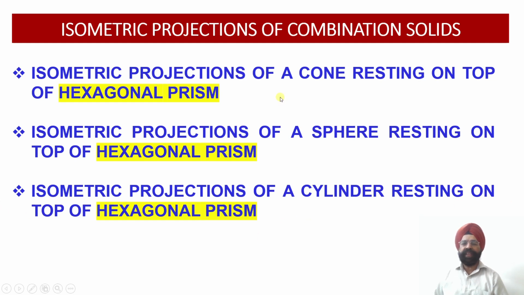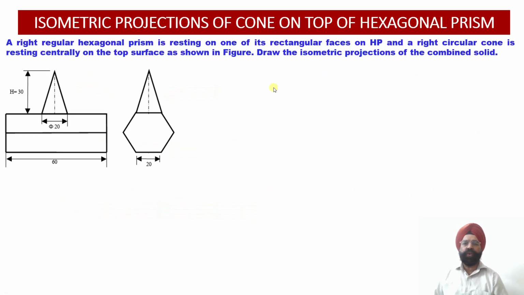So let us start with case number 1, that is the isometric projections of a cone which is resting centrally on top of a hexagonal prism. Here we have a hexagonal prism, and the edge of the base of this hexagonal prism is given to us as 20 millimeter. So this is one of the views which we have obtained. This is the side view, and if we look at the front view, you can check.